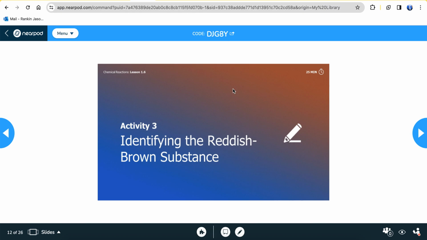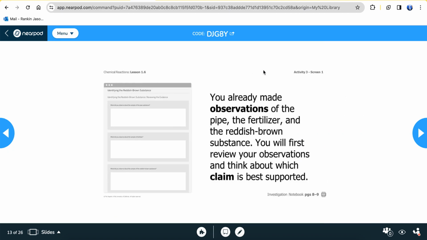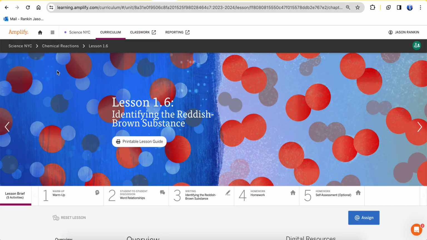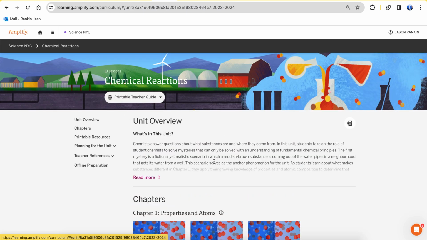All right, activity 3, identifying the reddish-brown substance. Okay, you already made observations of the pipe, the fertilizer, and the reddish-brown substance. You will first review your observations and think about which claim is best supported. All right, so this is going back to our first lesson, 1.2.